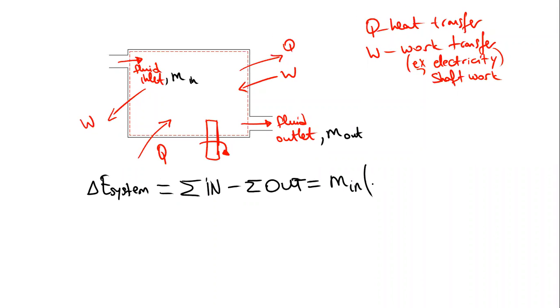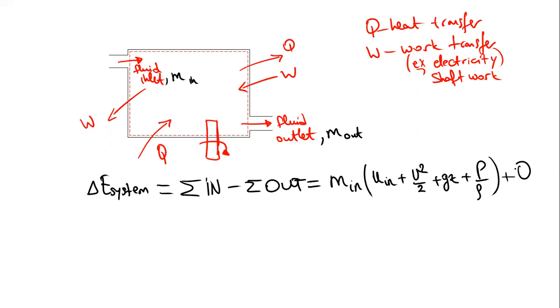This mass can carry with itself the internal energy. It can carry with itself the kinetic energy, for example. It can carry with itself potential energy, or it can carry with itself the pressure energy. We'll talk about these in our open system analysis, but for general analysis, this will be true.